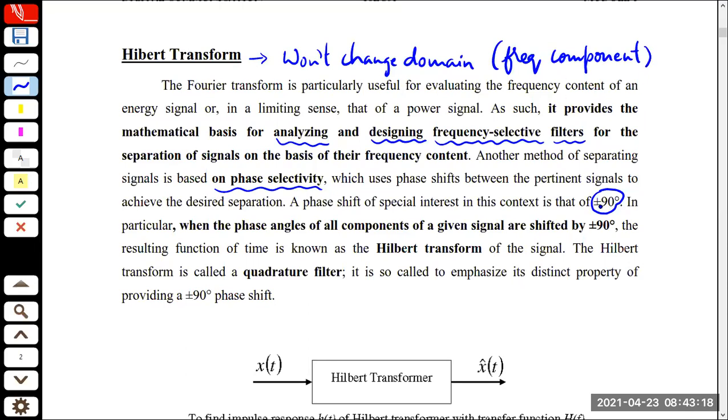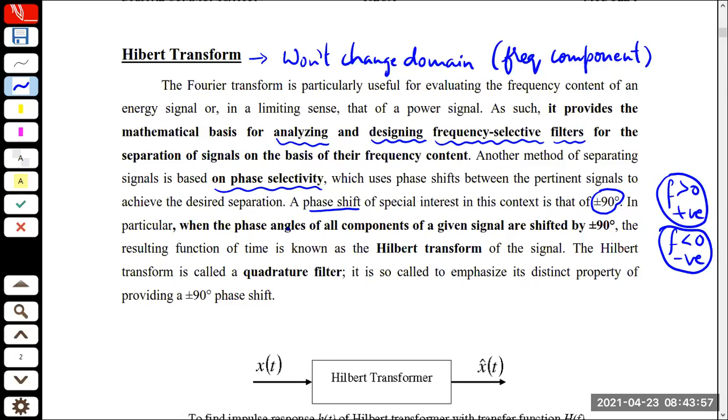That is, it brings a plus or minus 90 degree phase shift, depending upon whether the frequency is greater than zero, that is positive, or whether the frequency is negative, that is lesser than zero. So in general, we say plus or minus, but it applies in the other sense.